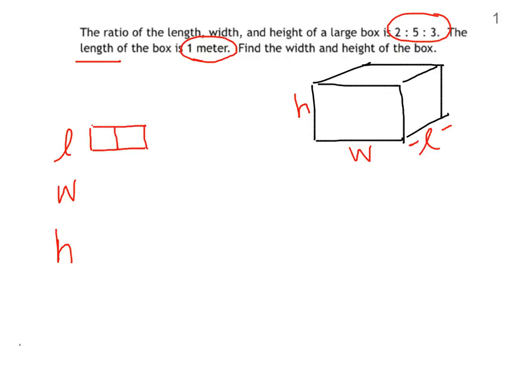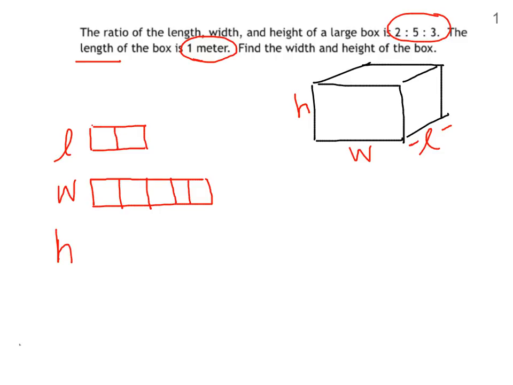Now, we already know that the length is 1 meter, so while I'm drawing the other unit bars, I want you to think about what that means for each unit box. The width of my box is 5 units, so I'm going to make a unit bar that is split up into 5 parts.